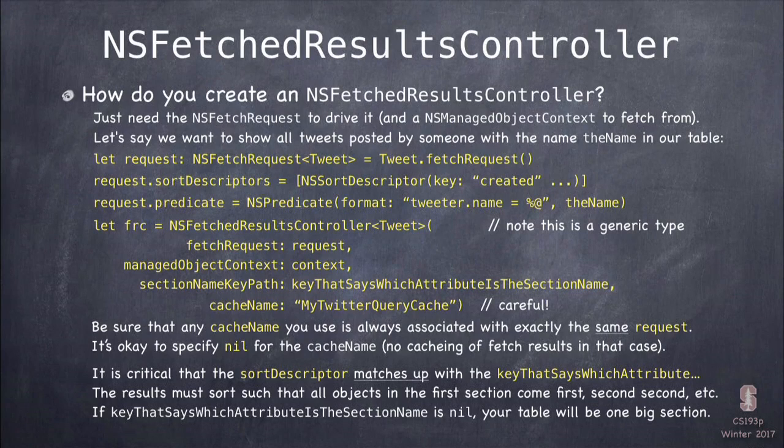That's why a lot of times when we're doing sections, the first sort descriptor will be sort by the section key name var, right? And then the second one will be sort by what we really want to sort by. Because we have to make sure that our entire table is sorted in section order. You see why? Because otherwise it's just weird. Things would all be in the wrong places. So the key that says which attribute is a section name has to sort in the same order as your sort descriptors.